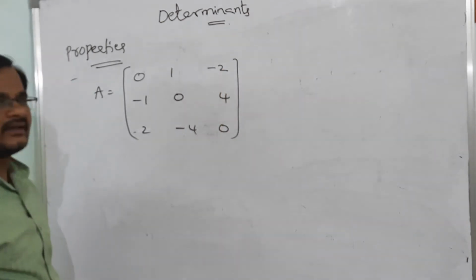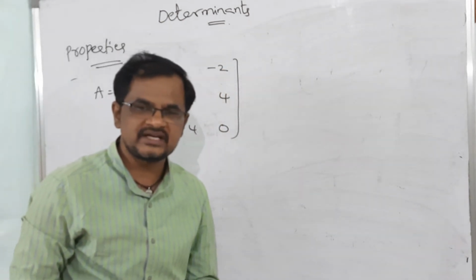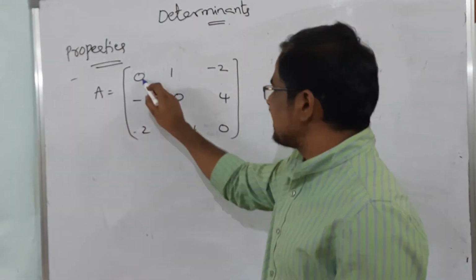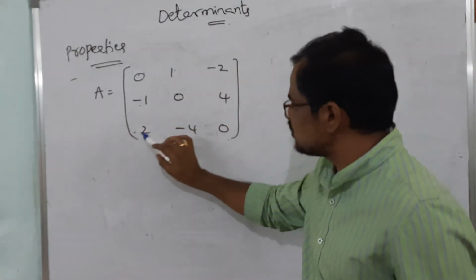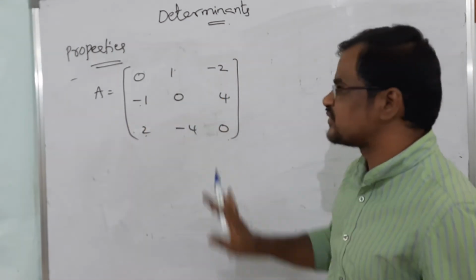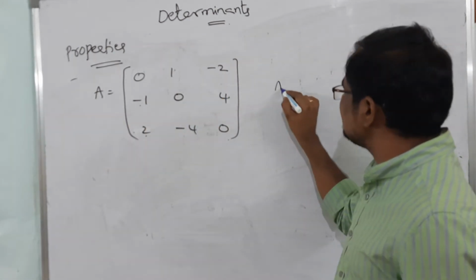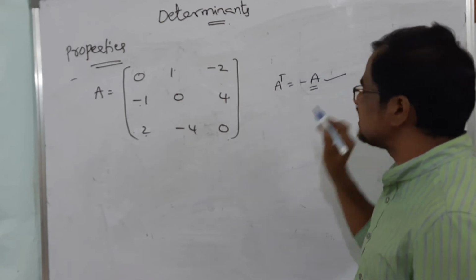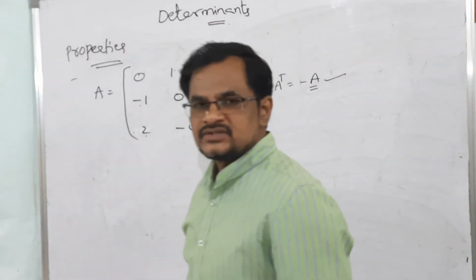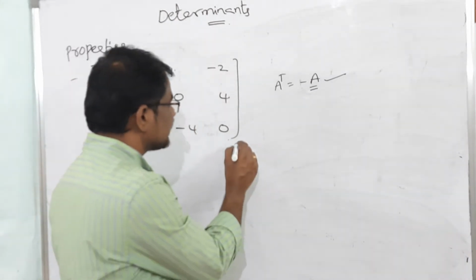So how do we identify this skew symmetric matrix? The principal diagonal elements are 0, and these two have opposite signs, these two have opposite signs, and these two have opposite signs. That means if you take the A transpose, you will get minus A. Then it is a skew symmetric matrix of order 3.